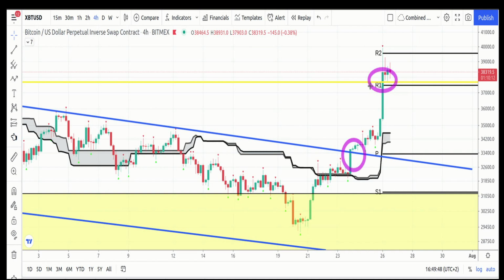I want to remind you this yellow line is the yearly R1, wicked all the way up to the weekly R2, and now price seems to be flagging, making a bullish flag, but we'll have to wait and see if this plays out.